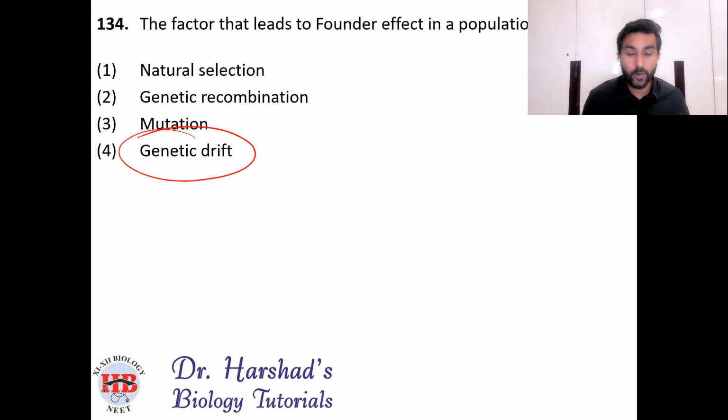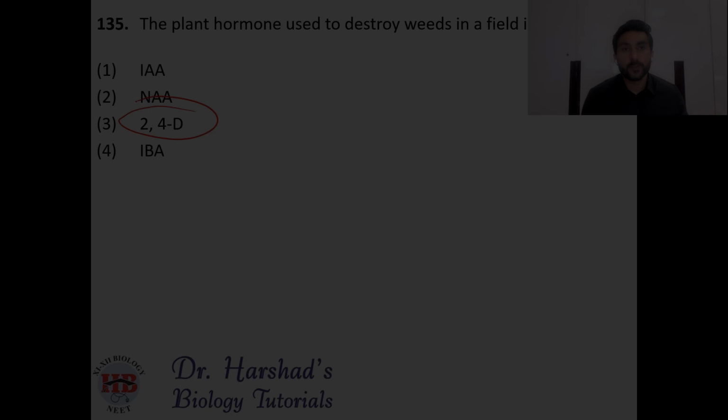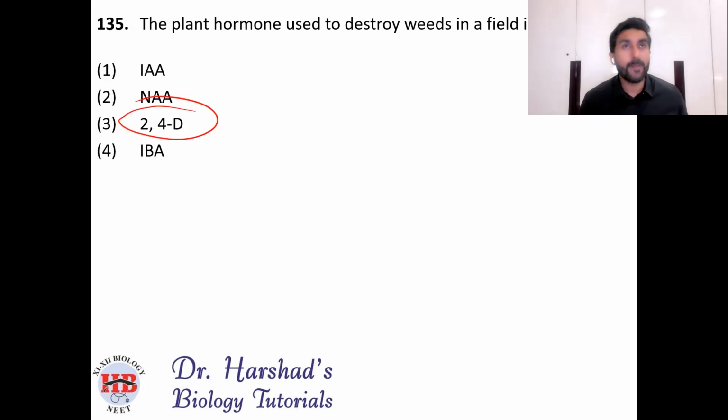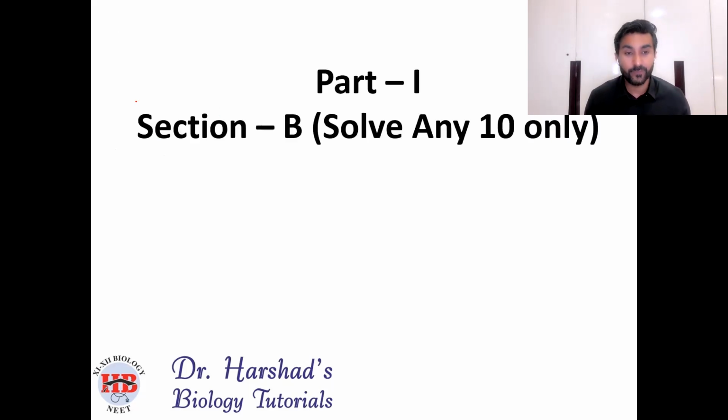So the answer would be option number 4. To destroy weeds, if you remember, we use a synthetic auxin called 2,4-D, 2,4-dichlorophenoxyacetic acid. So 2,4-D would be the answer. Again, a straightforward question. It is used as a synthetic weedicide.